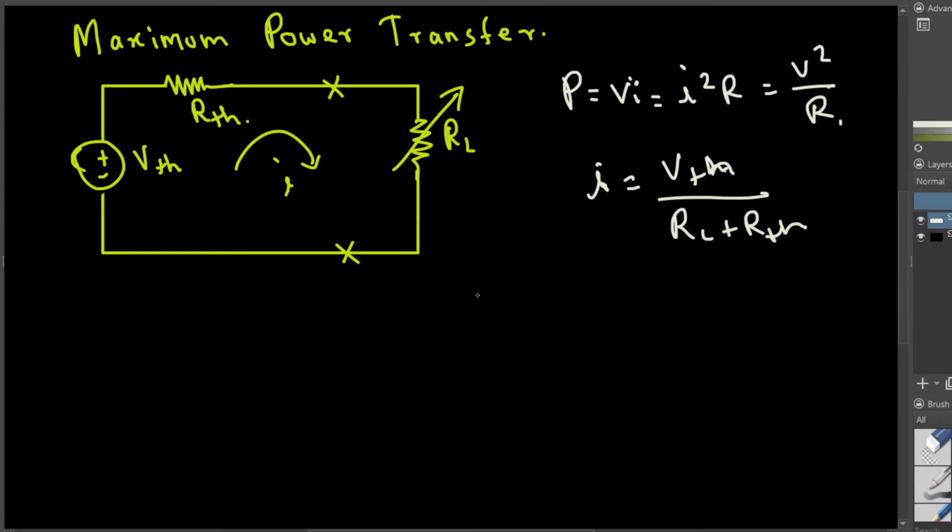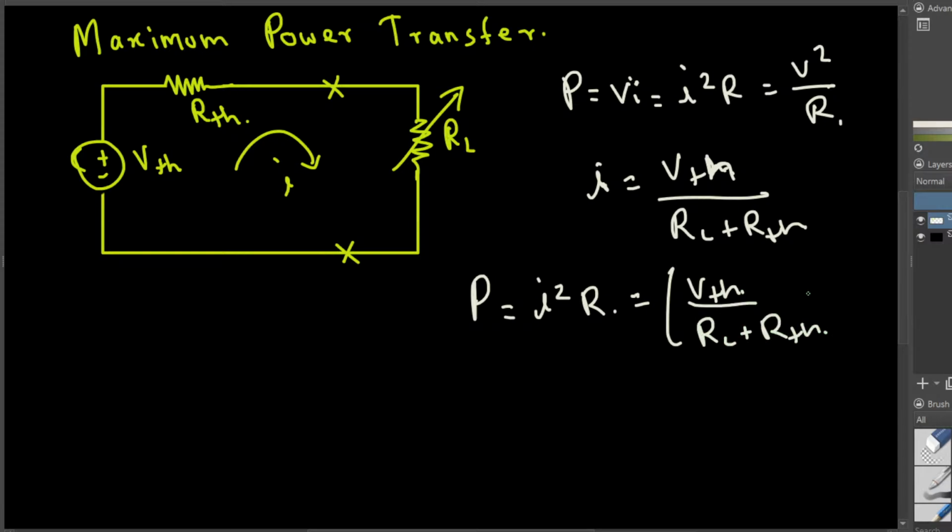If I write the power equation, power is equal to I squared R. And instead of I, if I replace it with V Thevenin over R load plus R Thevenin, this becomes V Thevenin divided by (R load plus R Thevenin) squared, times R load.